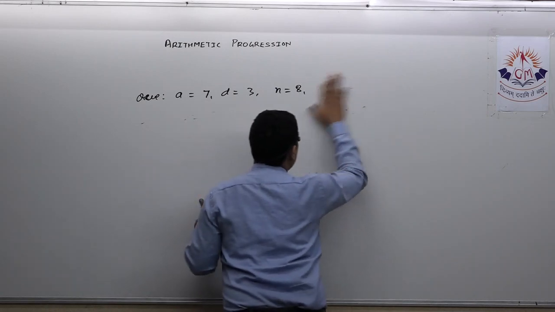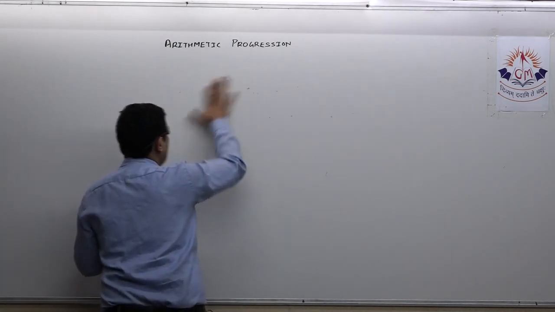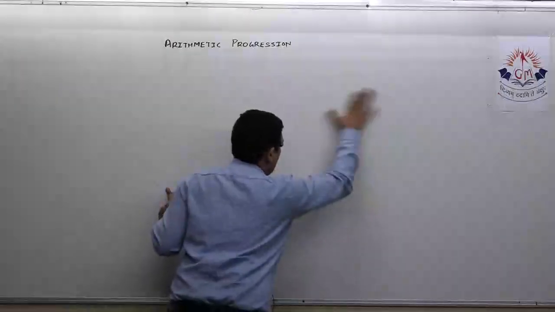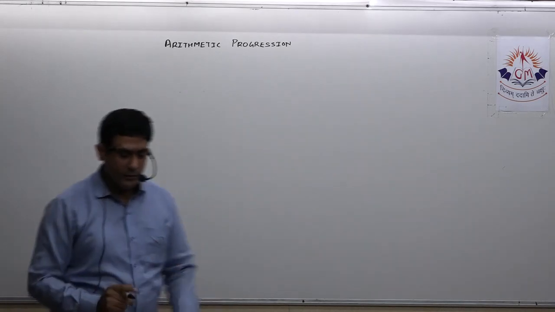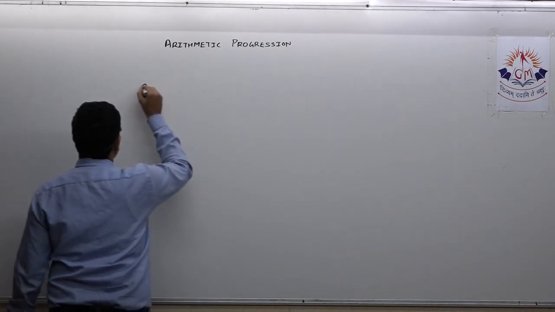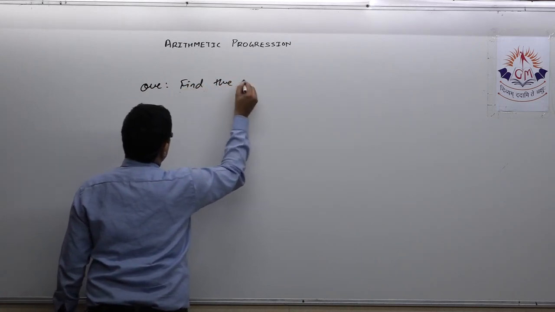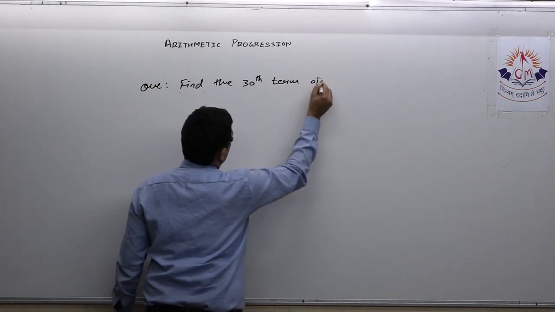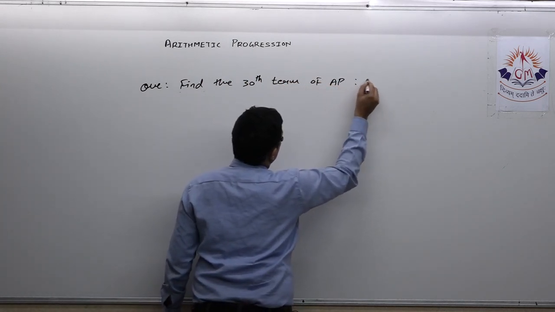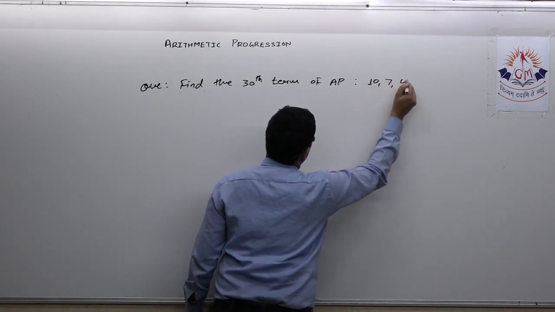That means AP will be given to you and they will ask you to find the 30th term, 4th term, 3rd term, and so on. Okay, so the next question is: find the 30th term of the AP 10, 7, 4.